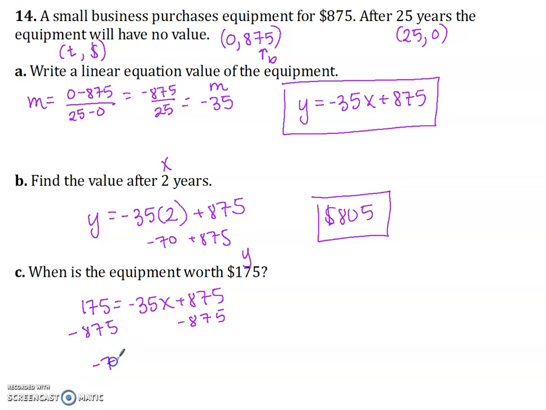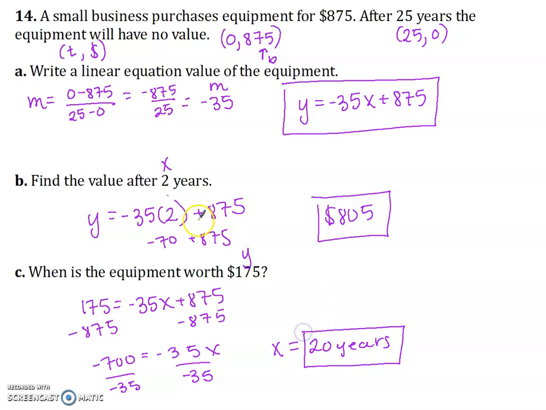That'll give me negative 700 equals negative 35x. Divide by negative 35, and you're going to get x equals 20. It's in time, and our time is years, so we're going to put 20 years.